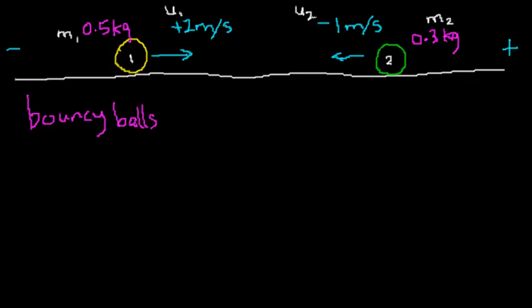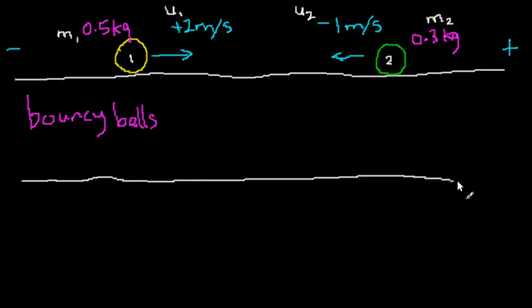Now, I'm just going to take a quick preview, just a peek into the future, about what it looks like after they have collided and bounced off each other. So they come together, they bounce, and then they separate.